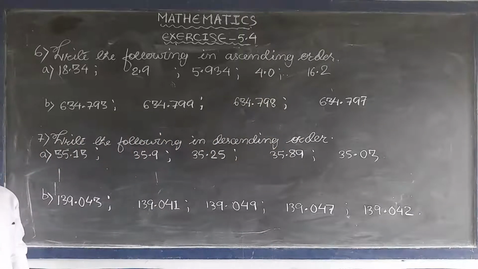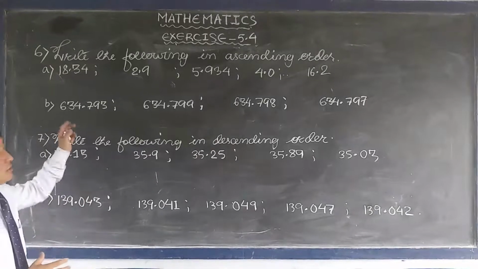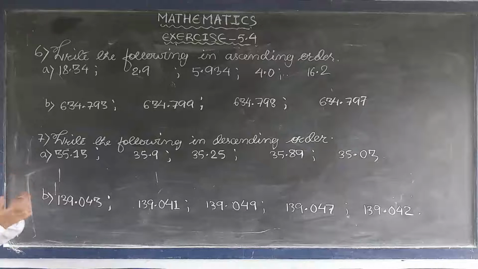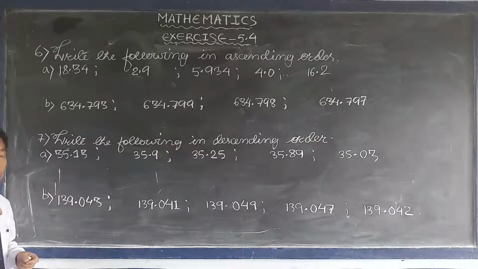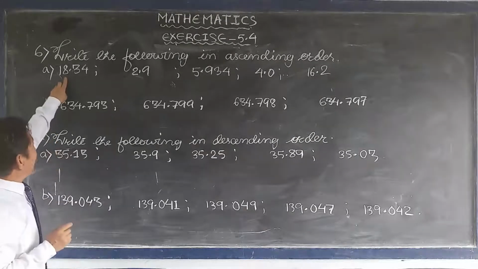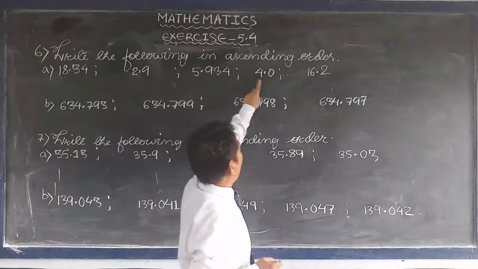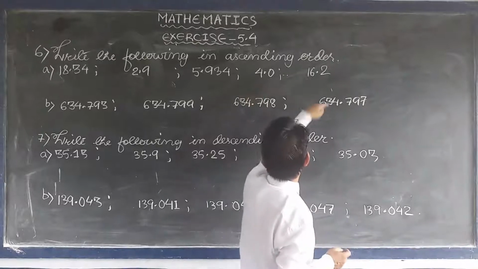First we'll compare the whole numbers of these decimal numbers. Ascending order means smaller to greater. Here the whole numbers are 18, 2, 5, 4 and 16.